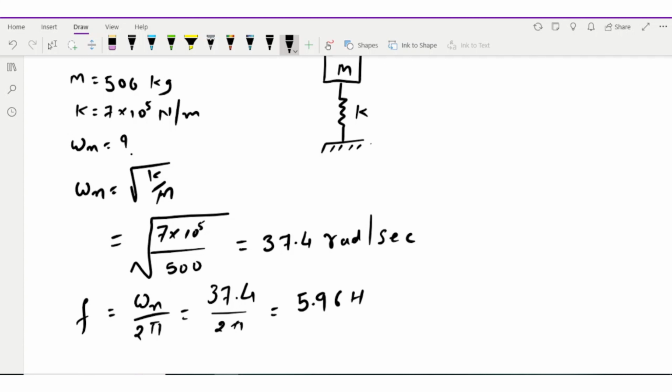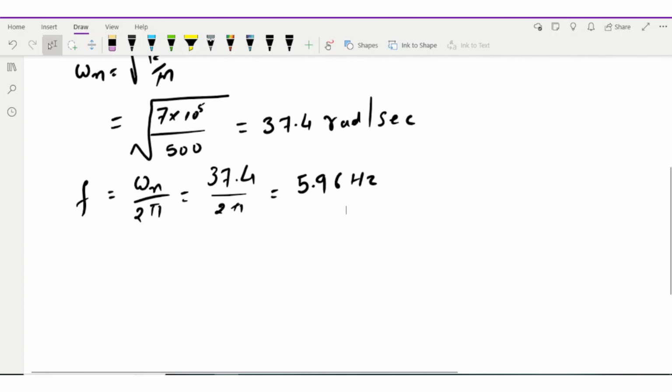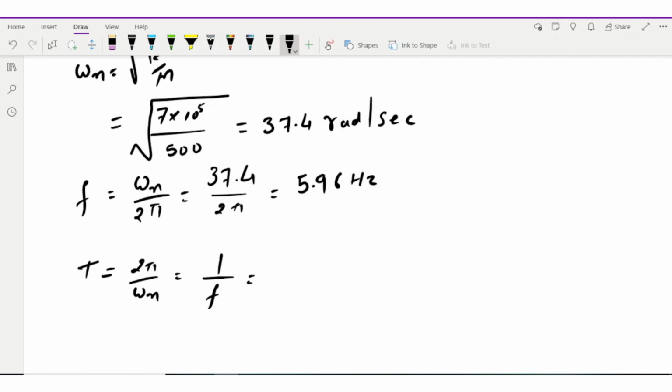And if they ask you to find the time period, you can find it from this equation: natural time period T is equal to 2 pi divided by omega n, or like 1 divided by f, you can also write, and it is 0.167 second.